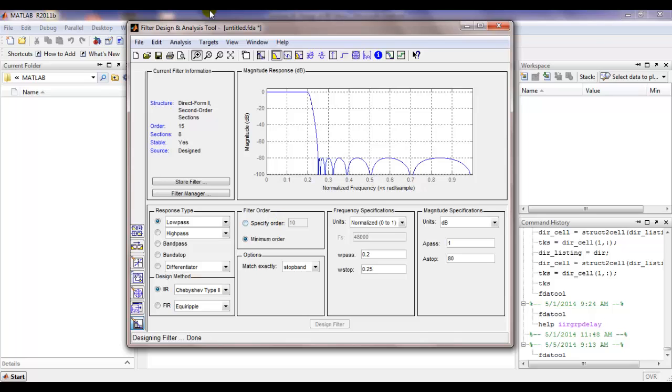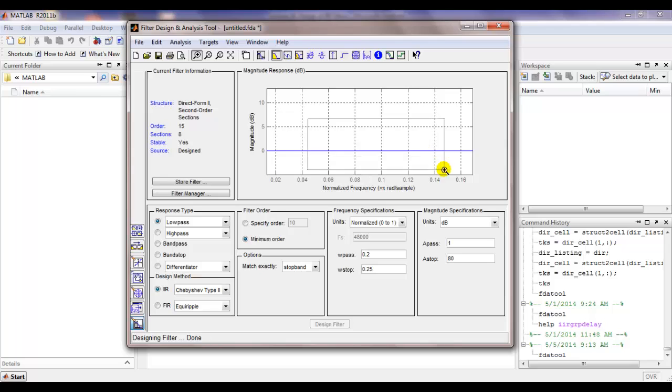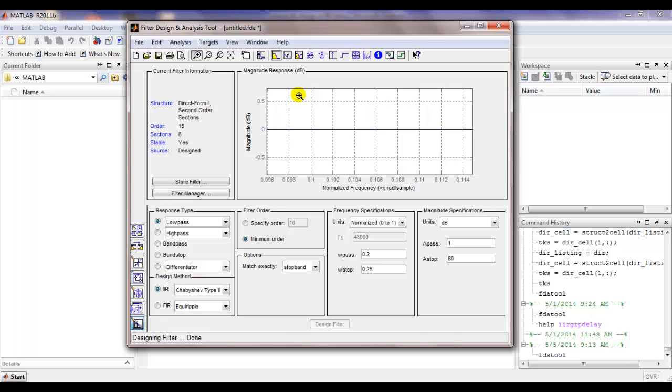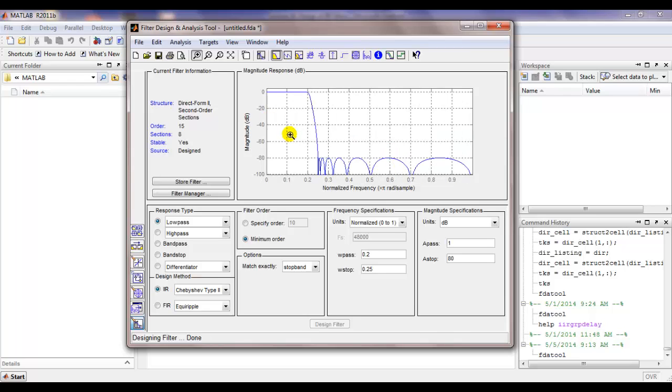Okay, but its pass band is now relatively flat. Here I'm zooming in, and you see that you don't see any ripple that you saw earlier in Chebyshev type 1. Okay. The order of the filter stayed the same, 15, from type 1 to type 2. I was able to maintain that. So whether you should use type 1 or type 2, there is no recipe for it. You have to really know the application that you are dealing with.